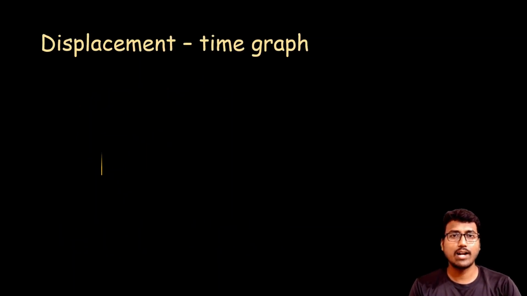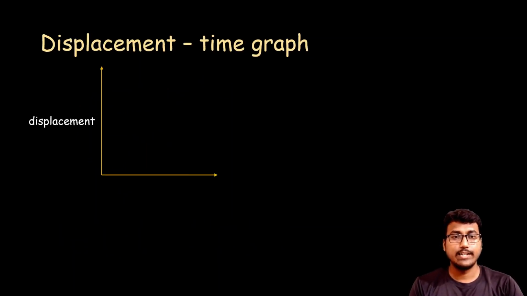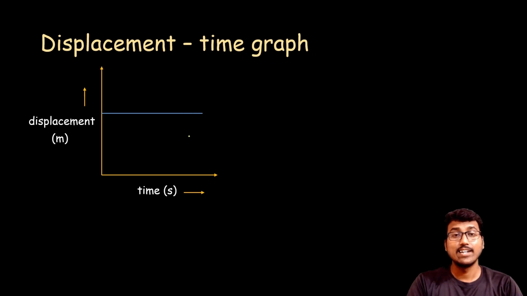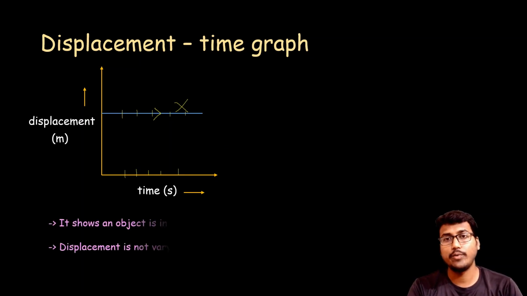Next, one more graph. Here, displacement is on the y-axis and time on the x-axis. Just like the distance-time graph, the displacement is not changing whatever the time. The time is moving, but there is no change in displacement. So what do we get?